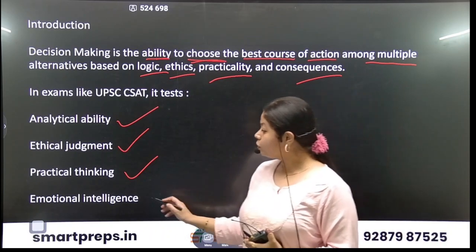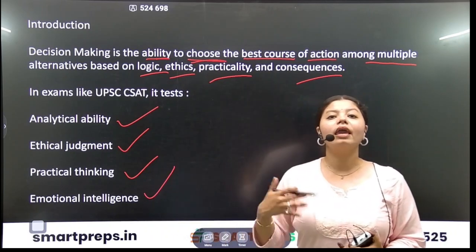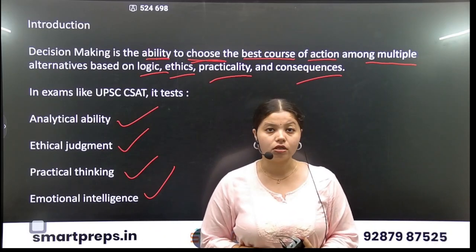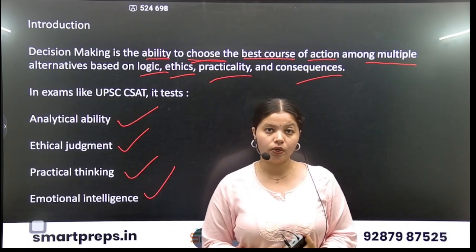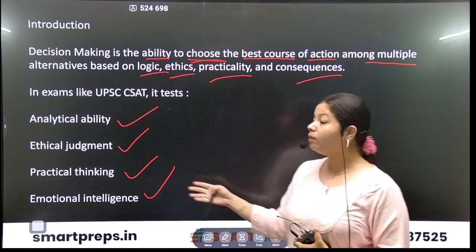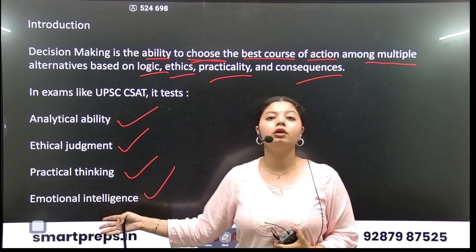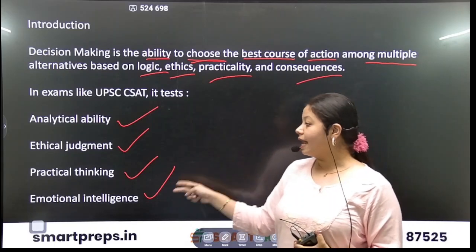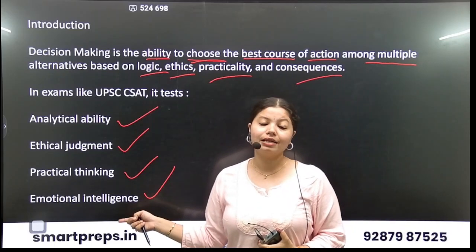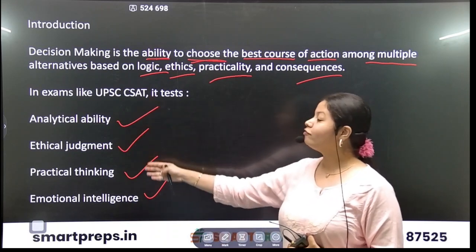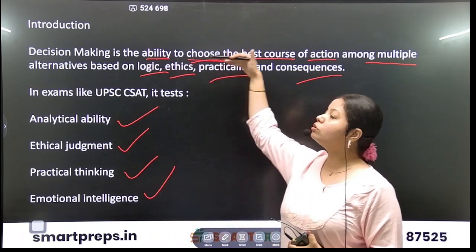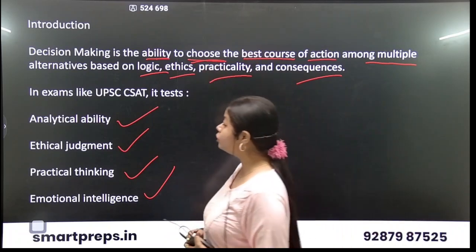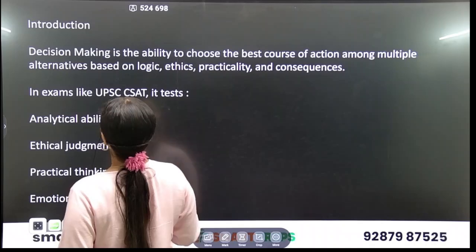Also, emotional intelligence, whether you are able to manage your emotions while taking the right decision in a particular situation, whether you are being too emotional or not emotional at all. So emotional intelligence is a very important element regarding decision making. All these points you have to keep in mind while you choose the best course of action. I hope it helps you to understand the very concept of decision making.